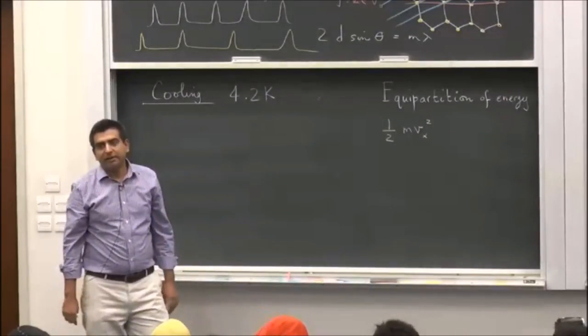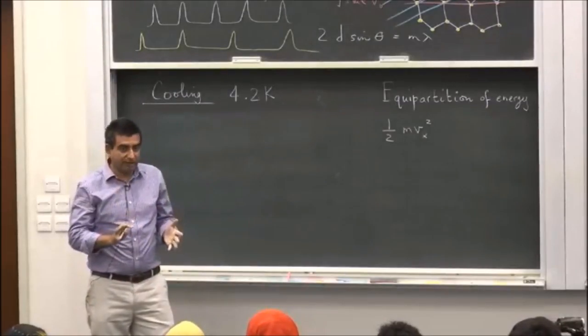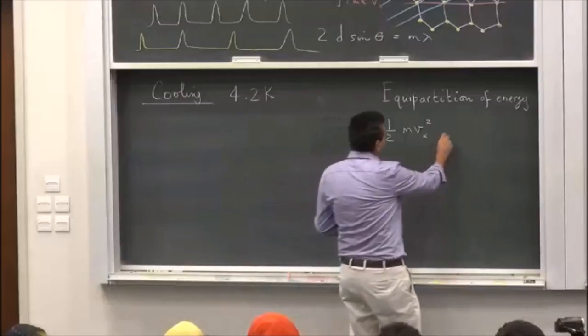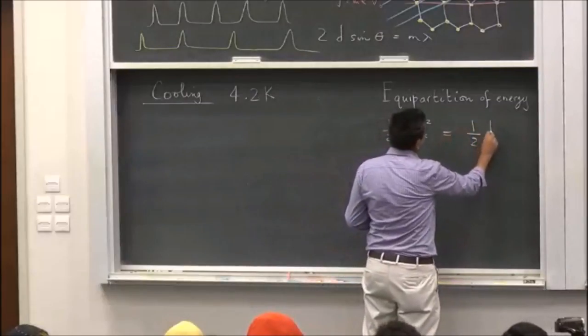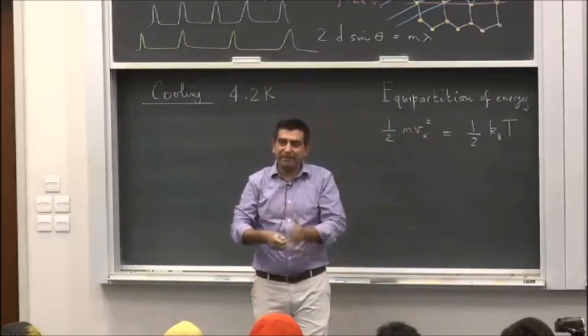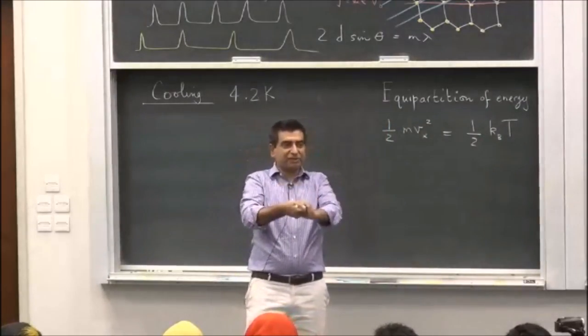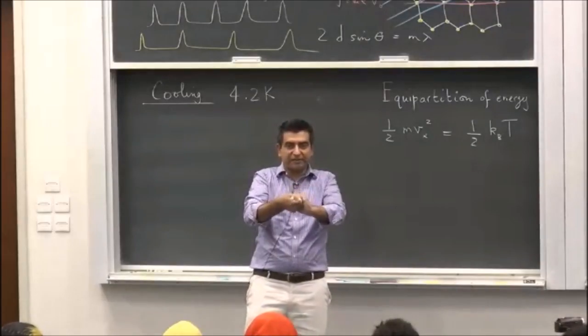Okay? This is related to the temperature, and this is equal to half k_B T. k_B T always appears together in an inseparable wedlock. This is the thermal energy, k_B T, Boltzmann energy.